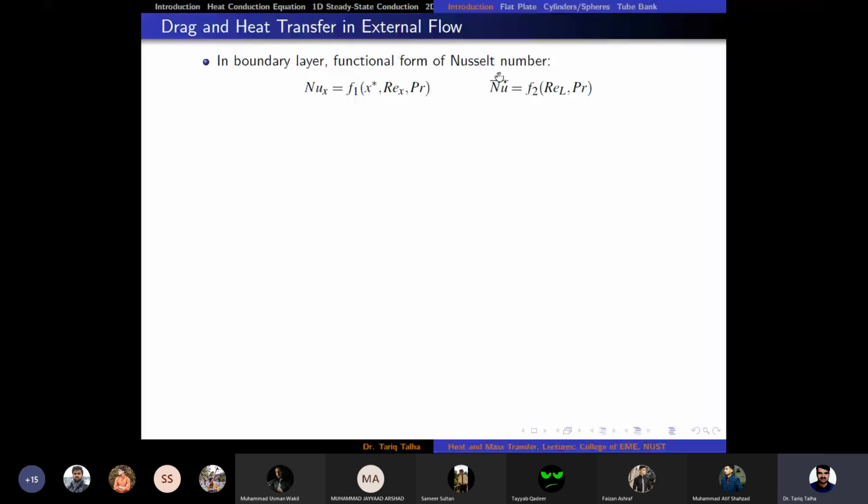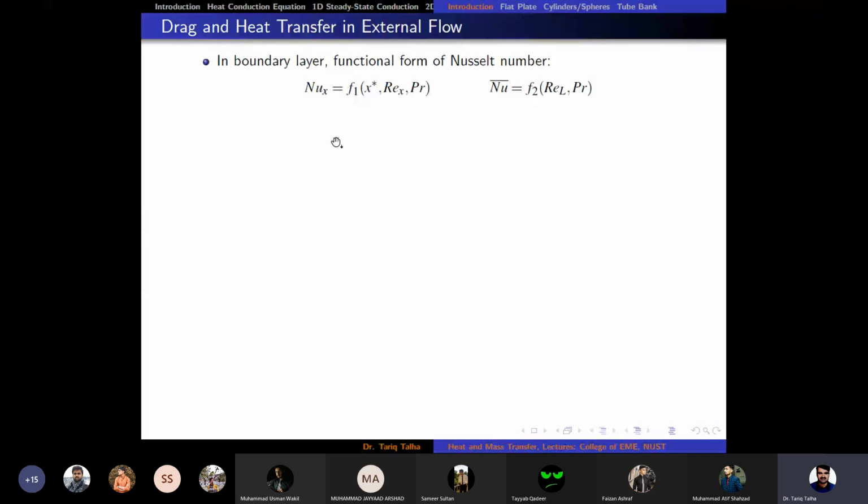If we are talking about the average Nusselt number, that is only a function of Reynolds number and Prandtl number. Now it is a matter of how we represent this functional form as an empirical correlation.